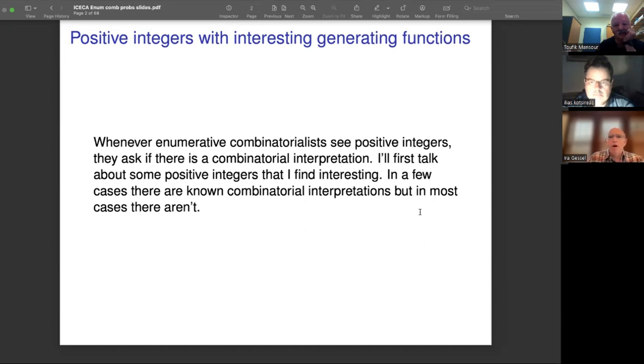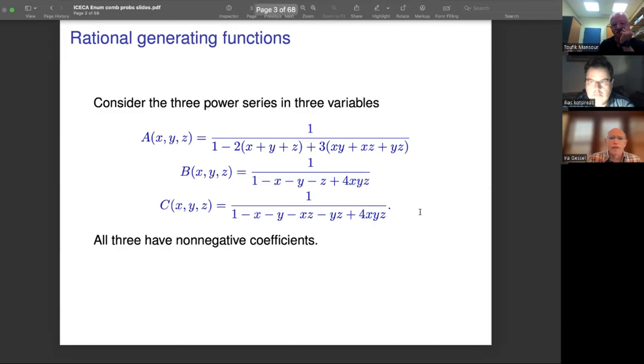But even when there aren't combinatorial interpretations, there are interesting things we might be able to say about these numbers. So here are some cases I've come across where we have interesting generating functions, at least in my opinion, where in some cases we have combinatorial interpretations, and in most cases we don't.